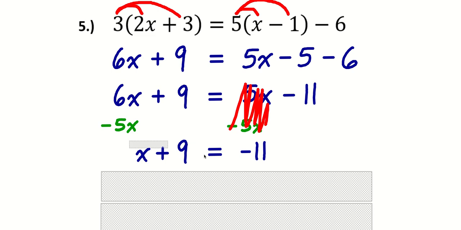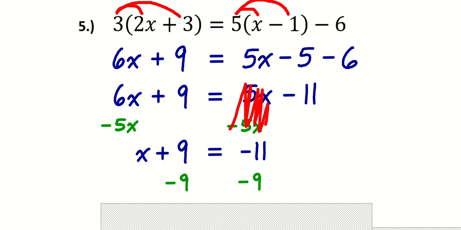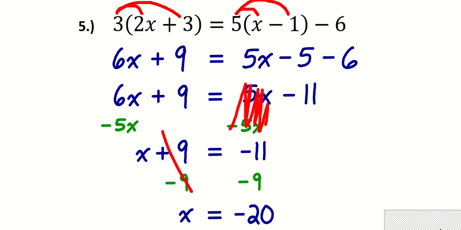And now once you get to something like this, you can just focus on getting this all by itself on this left side by doing the opposite of adding 9, and then negative 11 minus 9 ends up with negative 20. So that's how that equation comes to a solution.